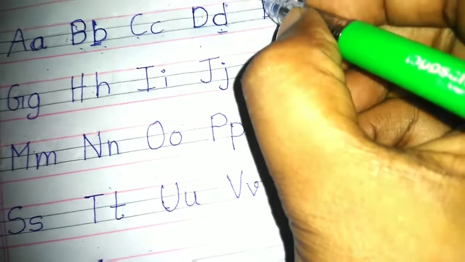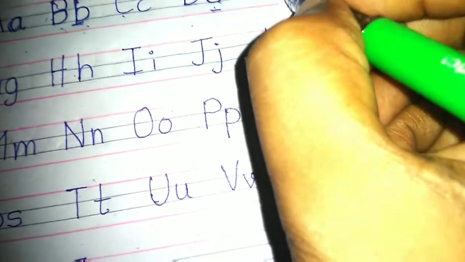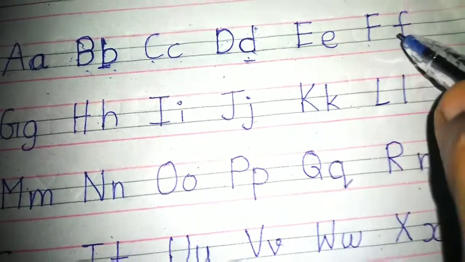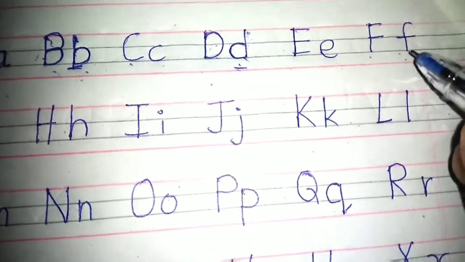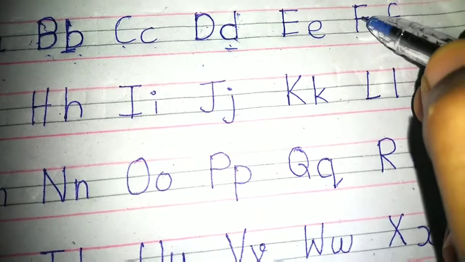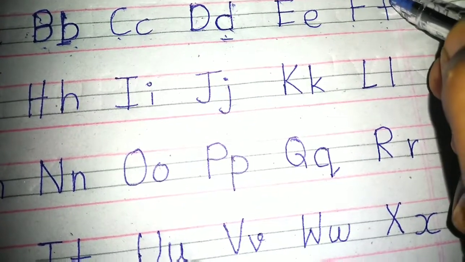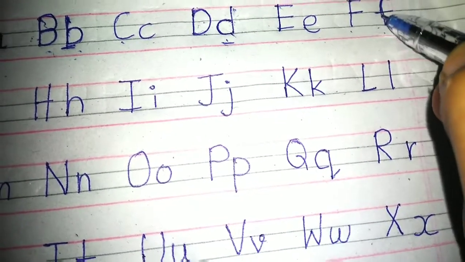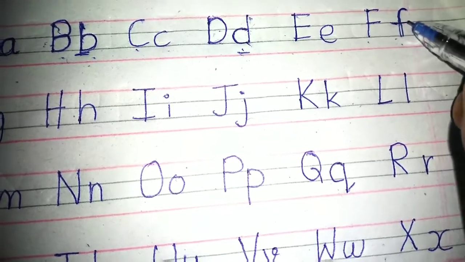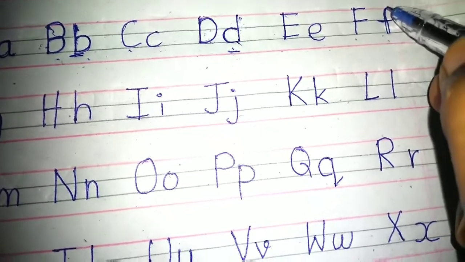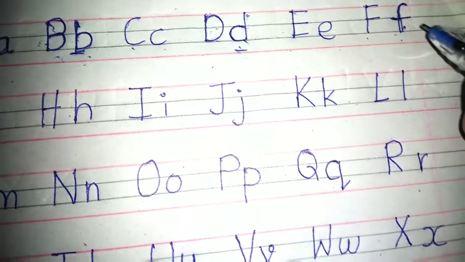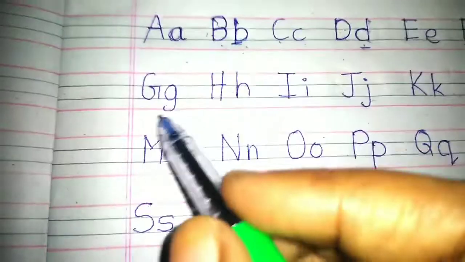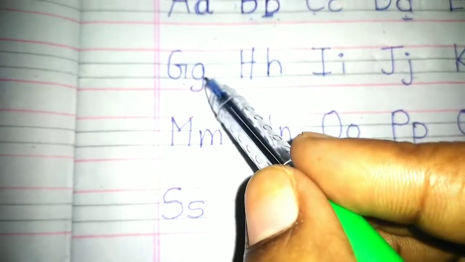And capital E and small e. Capital F, small f. You just demonstrate it to the student. It's a capital F. But small f is an upper curve joining a standing line and sleeping line. And capital G, small g.